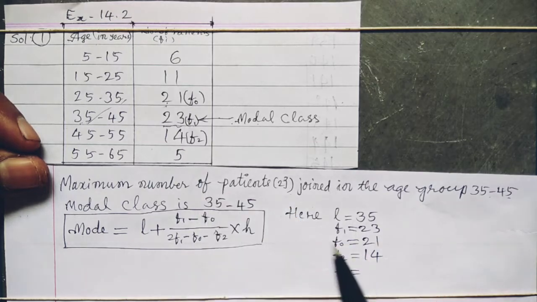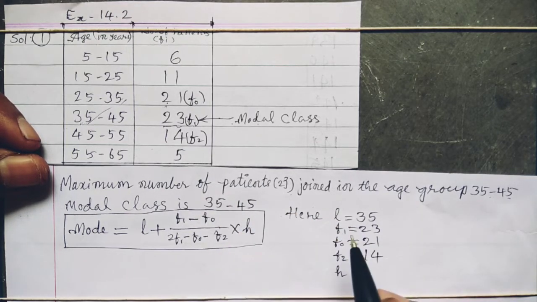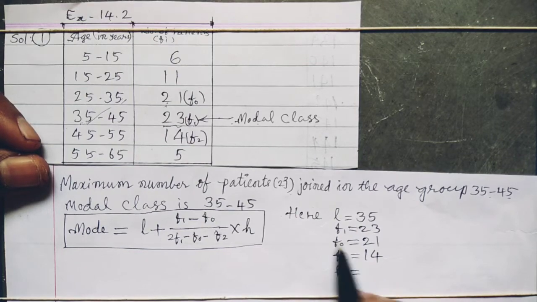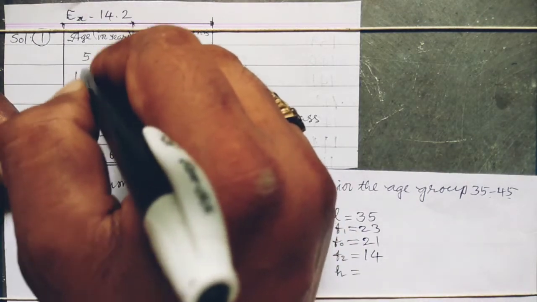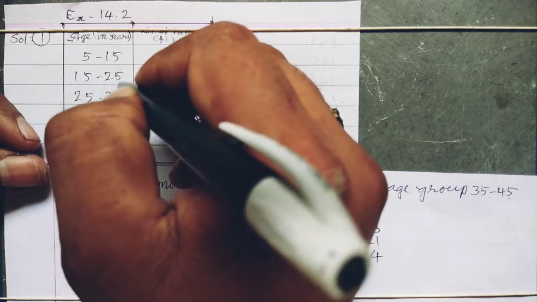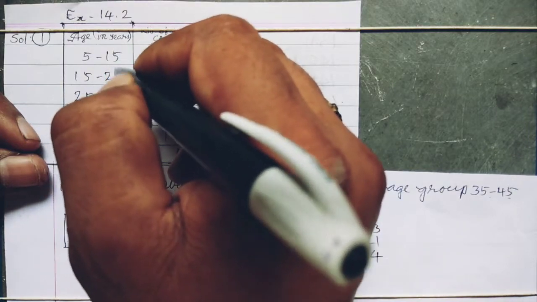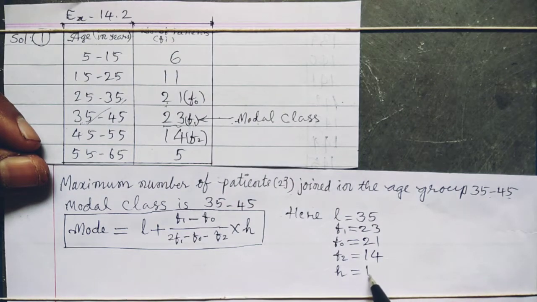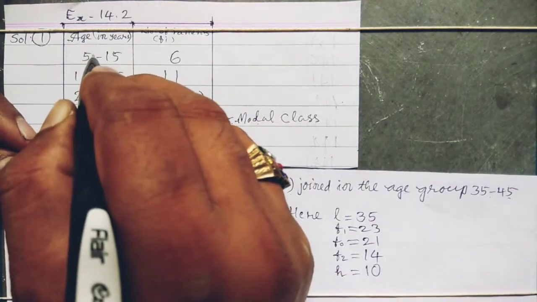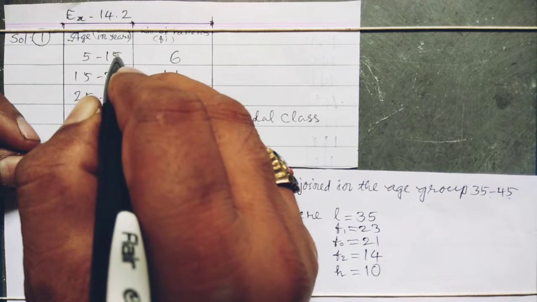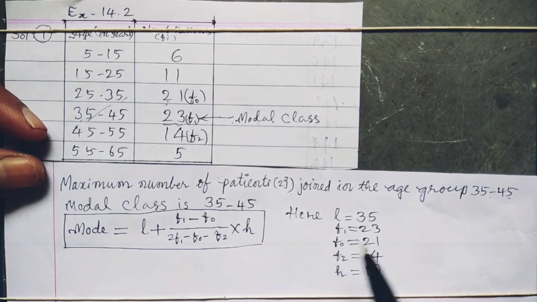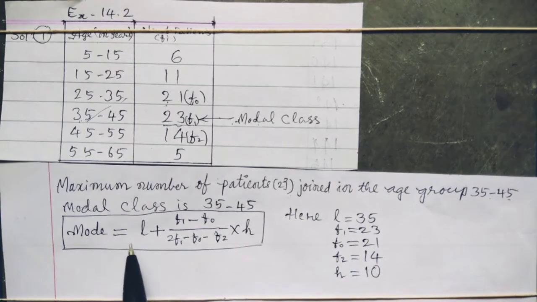H is the class size, or size of the class, or height of the class, or length of the class. Difference of lower limits or difference of the upper limits is called size of the class. 15 minus 5 is 10, or 25 minus 15 is 10. So H is 10. Basing these values, we can find the mode.